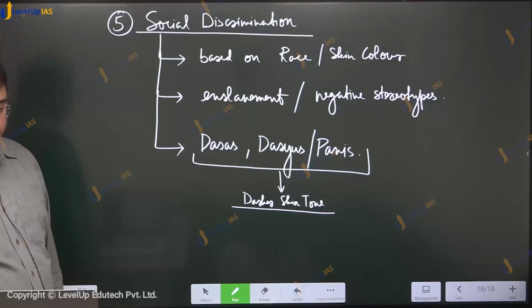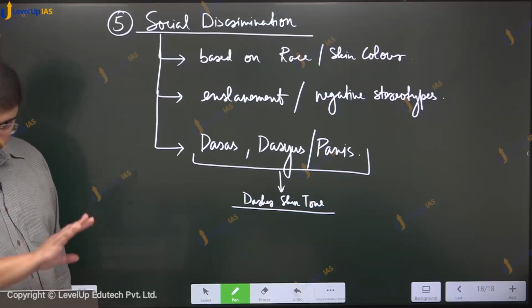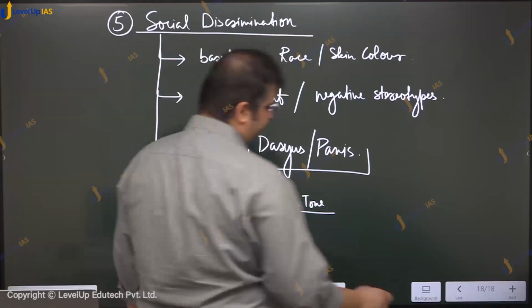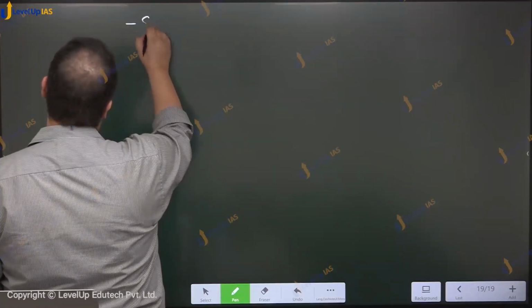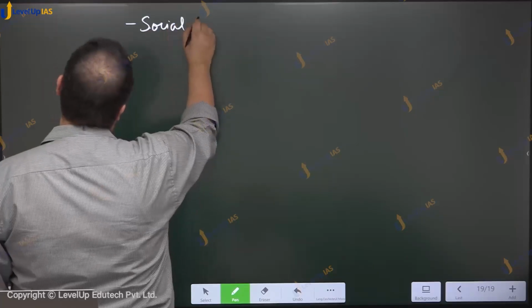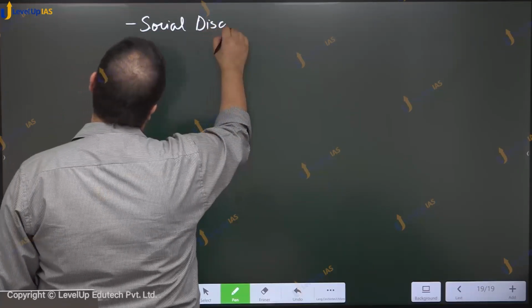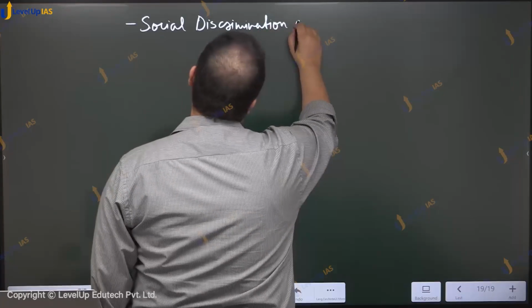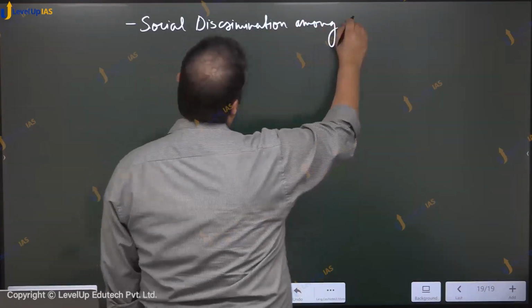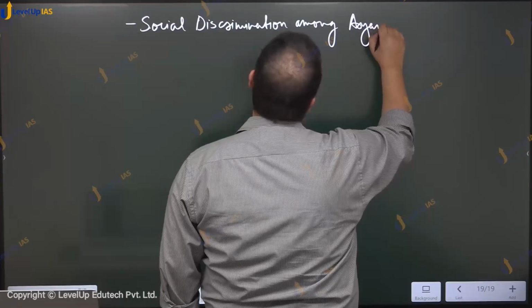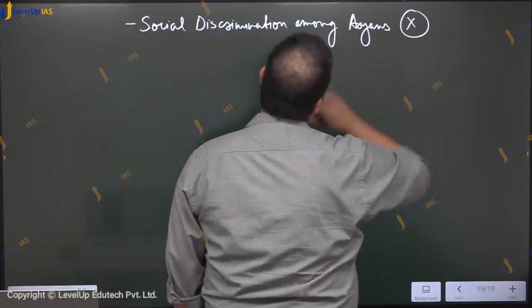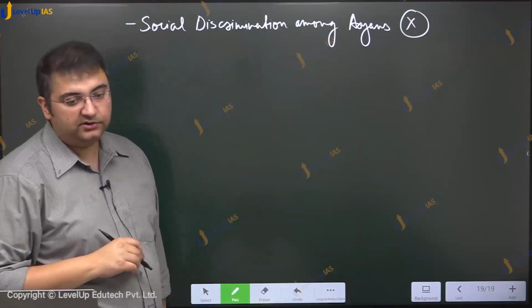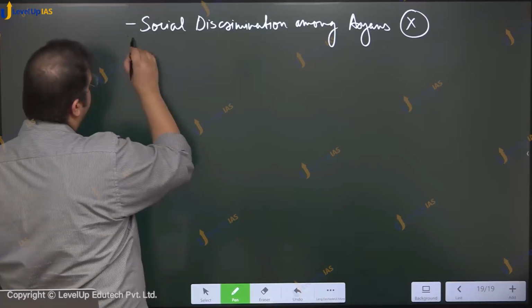But among the Aryans, was there any social discrimination? नहीं होता था, right? Social discrimination among Aryans was non-existent.